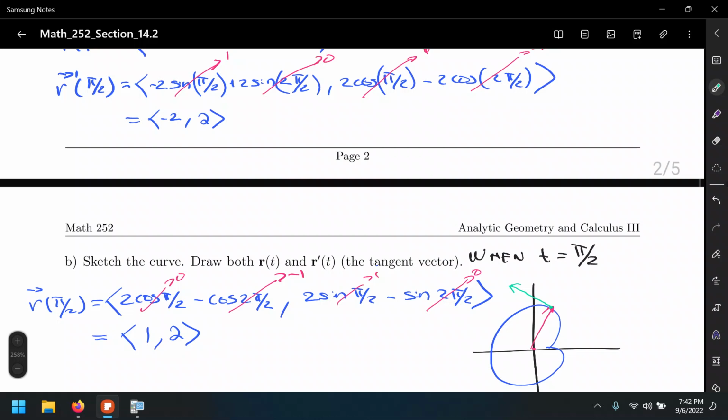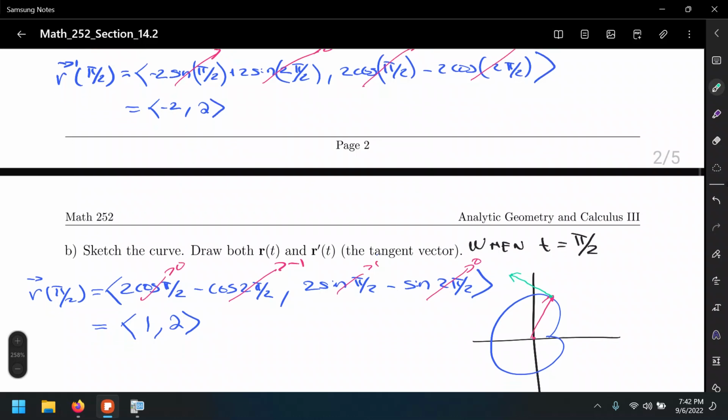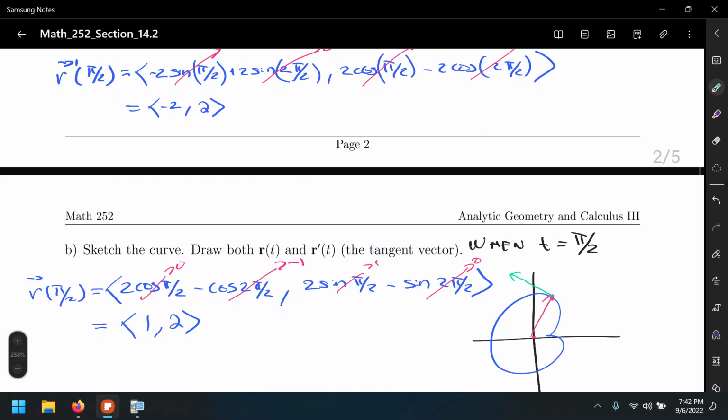Where did you say it was again? From the terminal point of the position vector, we count 2 units to the left and 2 units up, which is the derivative vector, which is the tangent vector. I'm going to label this as the tangent vector, r prime at pi over 2, which is the vector -2, 2.